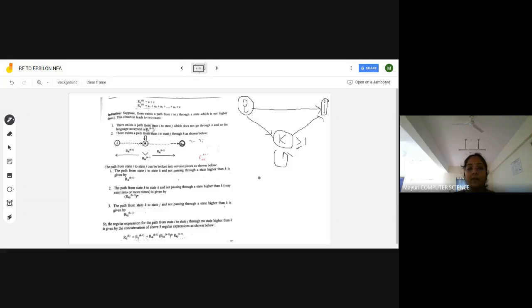So what could be the formula you expect then? Till before I reach K, how many states might I have consumed? Till before I reach K, how many intermediate states were there? K minus 1 number of states.